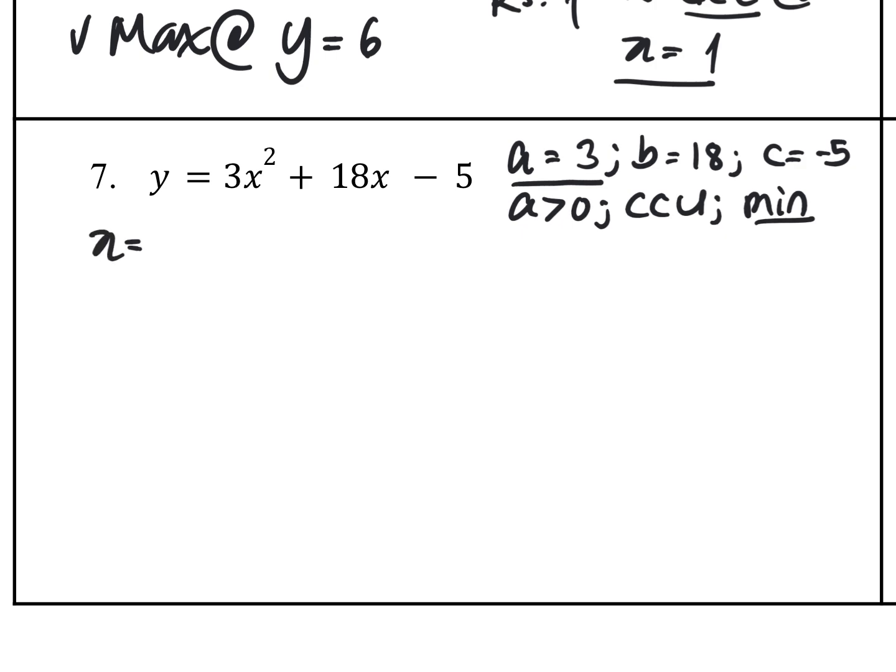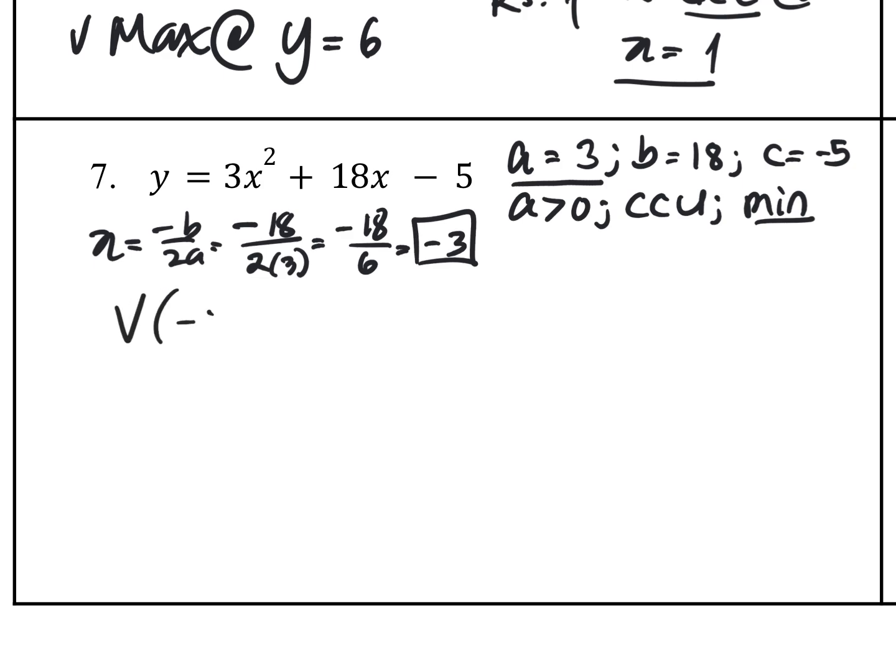The x coordinate is going to be negative 18 over 2 times 3, and that's going to give you negative 18 over 6. It's going to give you negative 3.